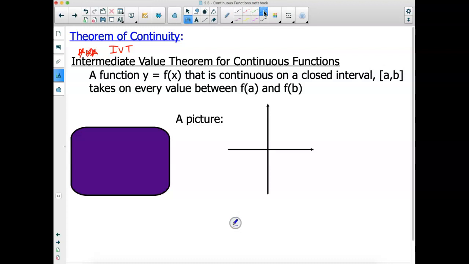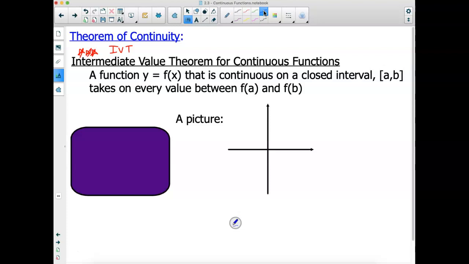A function y equals f of x that is continuous on a closed interval a to b takes on every value between f of a and f of b. Now, some people are like, what? That doesn't make sense.